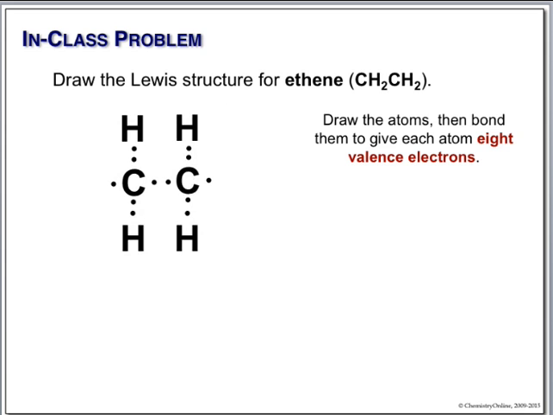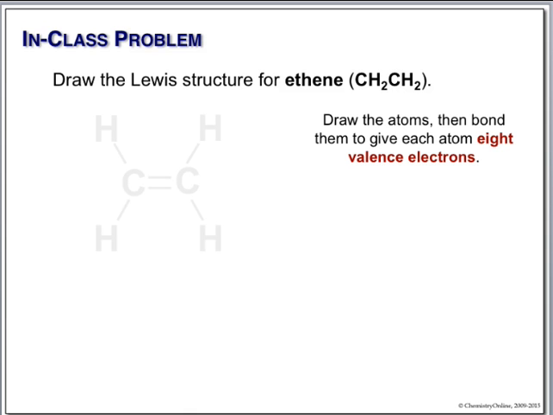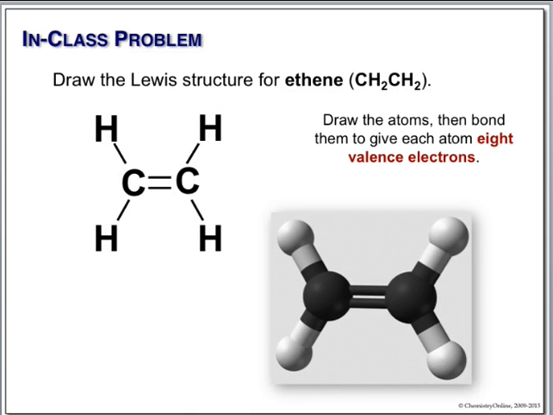That's unhappy. And so to get our full octet, what we have to do is to take our extra electrons here, simply move them in between our 2 carbons, and we're going to make a double bond. So that's 2 covalent bonds, and we would show it like this. This is what ethene looks like.